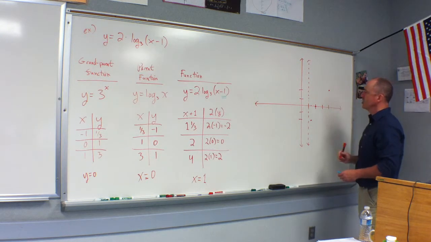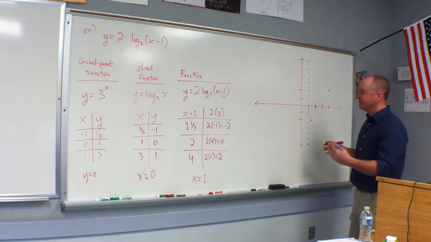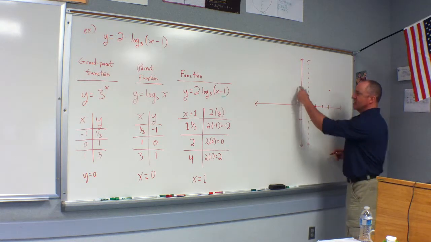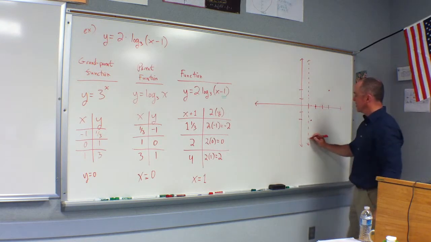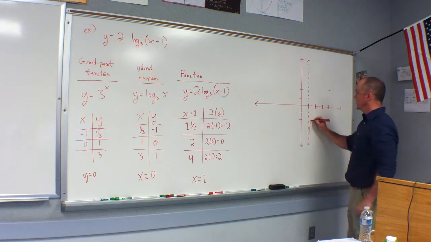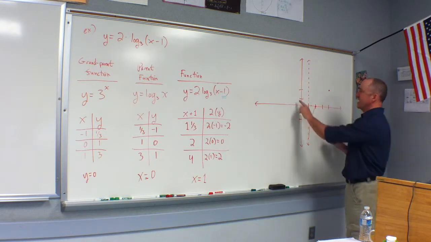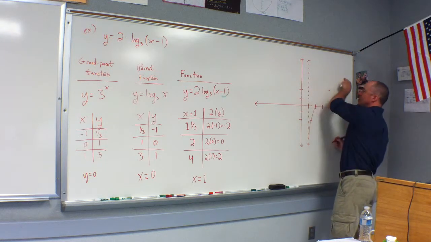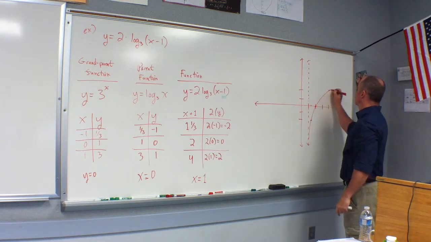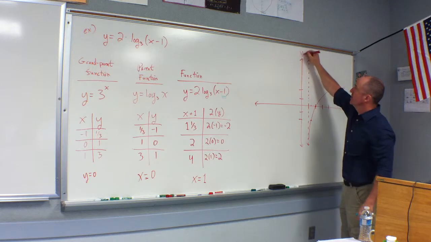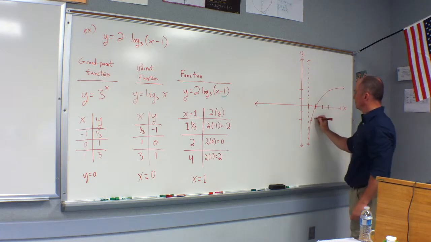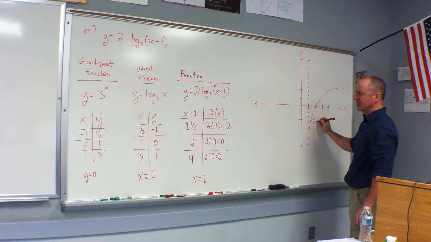Now this has to look like the inverse of an exponential graph. So instead of snuggling up to something horizontal, it's got to snuggle up to something vertical. Instead of hitting the y-axis, it has to hit the x-axis. And instead of going up, it has to go to the right. Because when you switch x and y, you're switching up with right, as well as x and y.